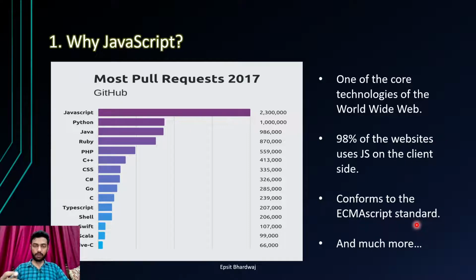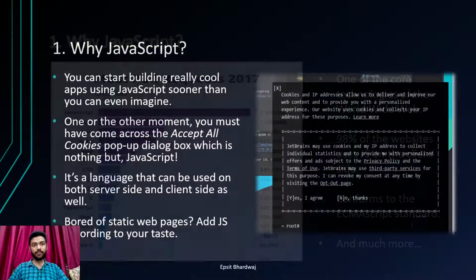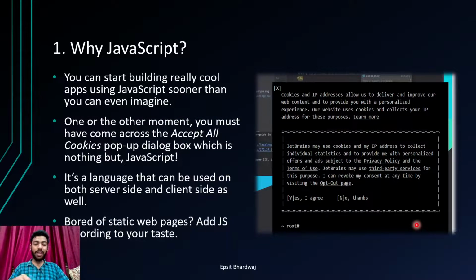Also, you can start building really cool apps using JavaScript sooner than you can even imagine. What does this mean? That JavaScript provides you better functionalities. It tells the web apps to become more functional according to your desires. It's you that is giving it the desired behavior.